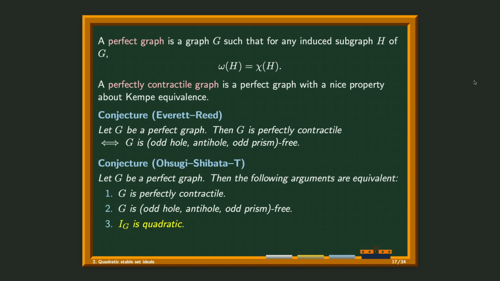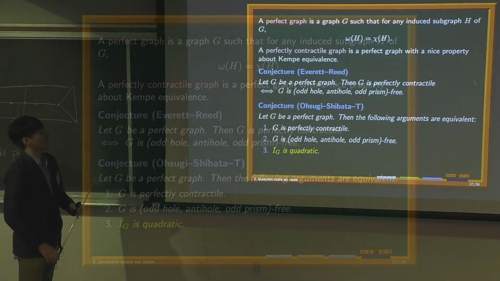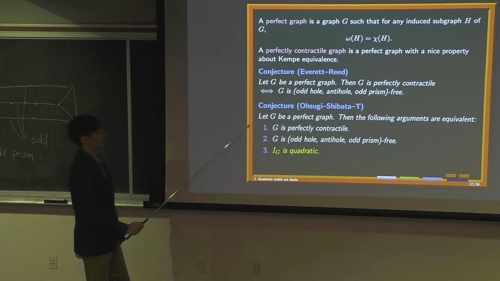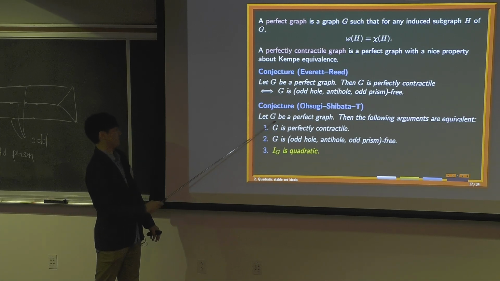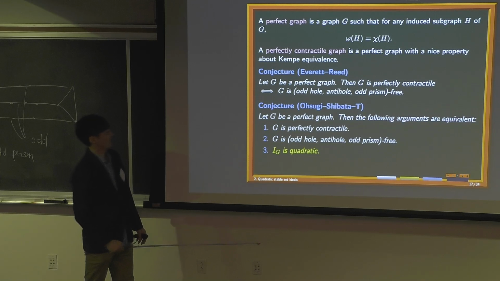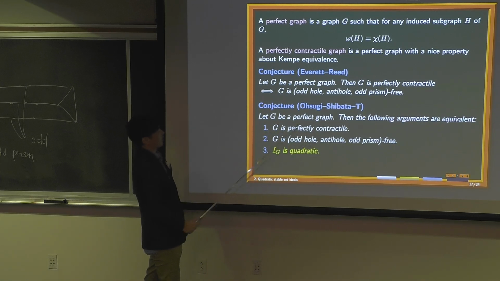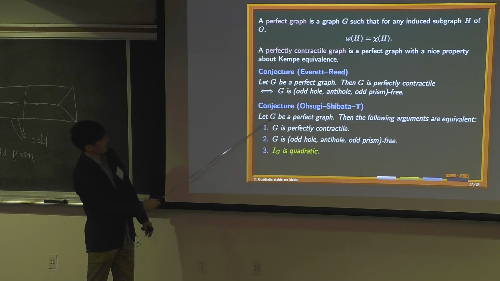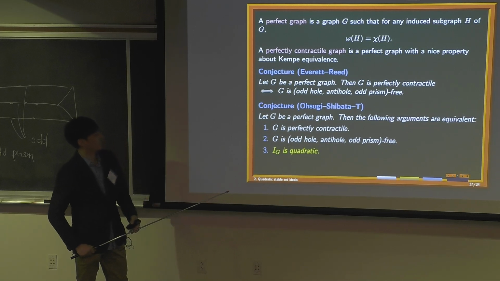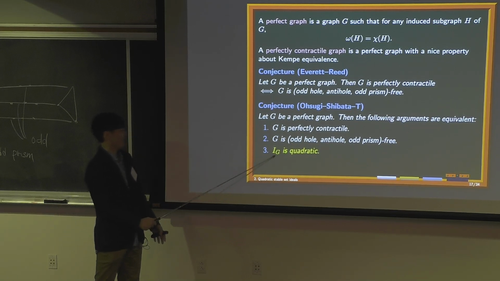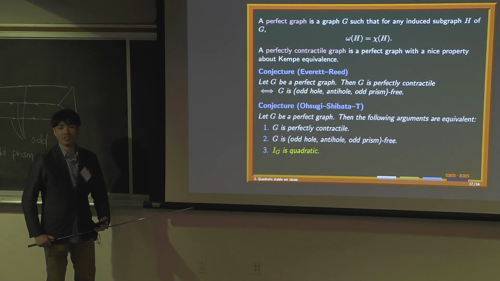From this conjecture, we add an algebraic condition. Namely, assume that G is a perfect graph, then the following are equivalent. First, G is perfectly contractile. The second, G is odd hole, anti-hole, odd prism free. And the stable set ideal is quadratic.